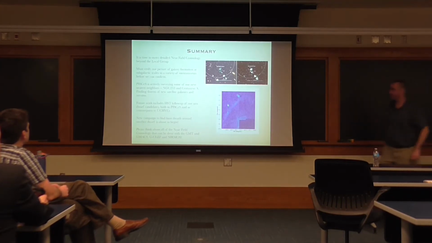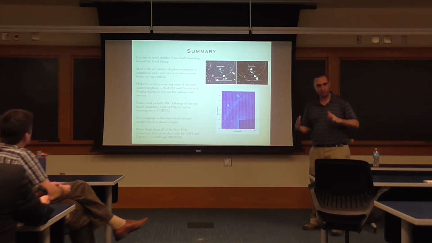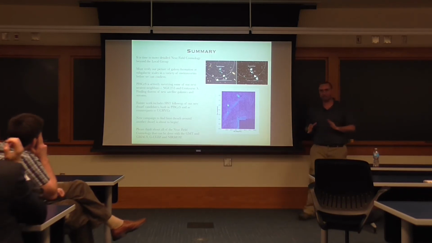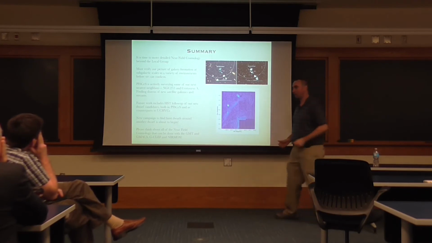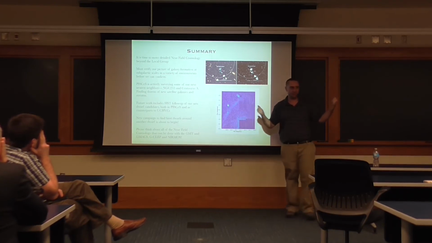Okay, so let me wrap up. We're trying to tackle this near-field cosmology problem, matching our expectations for galaxy formation with what we actually observe in the local group and local volume from a number of angles, okay? We're going after our next nearest neighbors, Cen A and NGC 253.